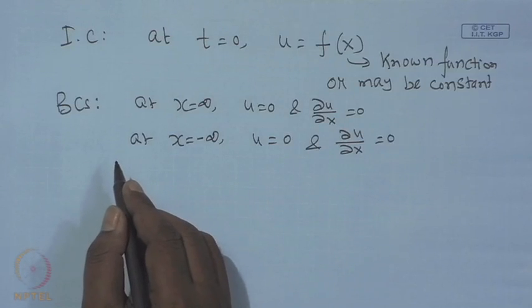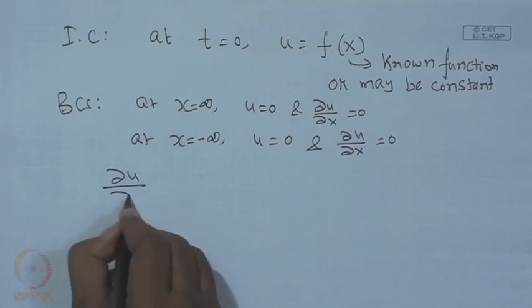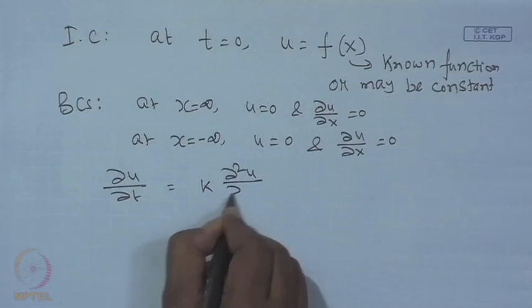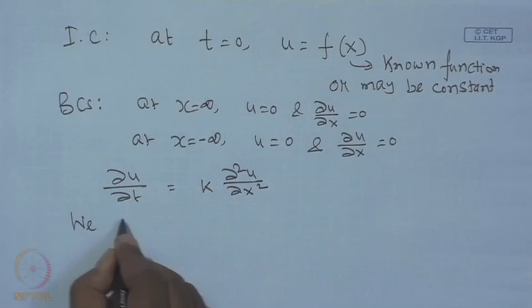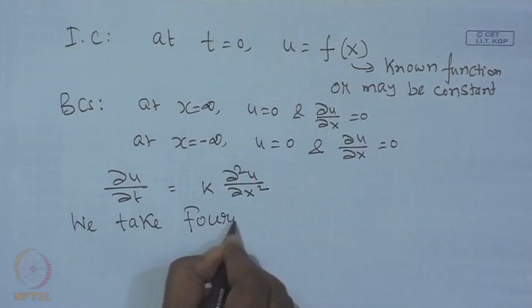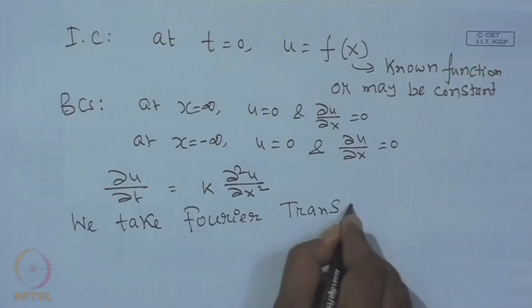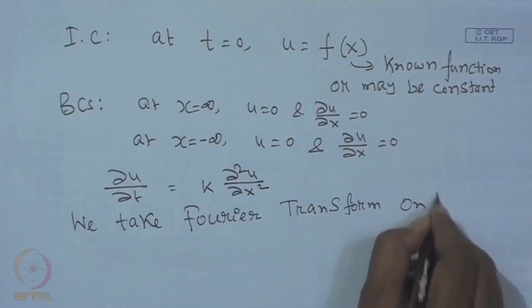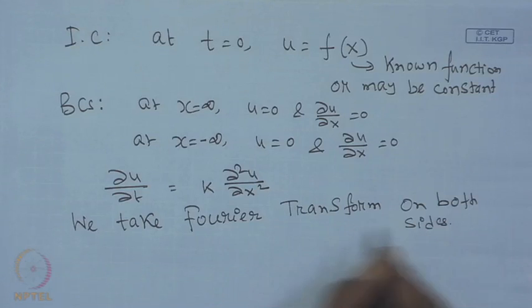So, we take the Fourier transform of the partial differential equation del u del t is equal to k del square u del x square, on both sides.